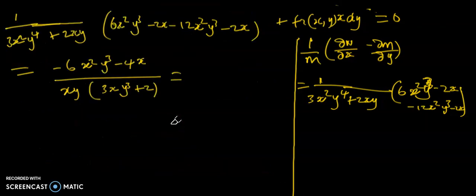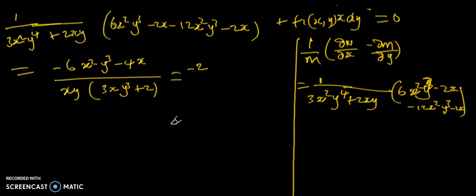So when we subtract these two, this is what we have. Because we have 6 minus 12, you simply have minus 6x squared y cubed, minus 4x, because we have 2, so minus 2 here, minus 2, you have minus 4x, divided by, we can try to factor out, we have x and y. So we have x, y, so that we have only 3x y cubed plus 2, and this will also give us 2.